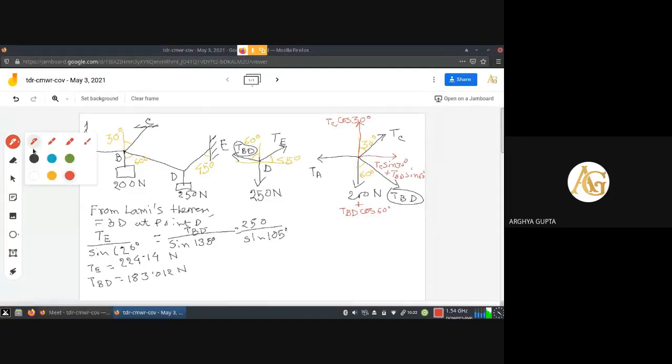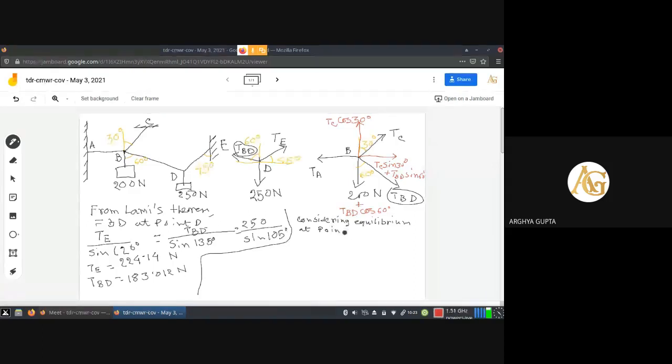I have to consider equilibrium. That point is point B. So I have to write here, considering equilibrium at point B. Let me show the direction here also.